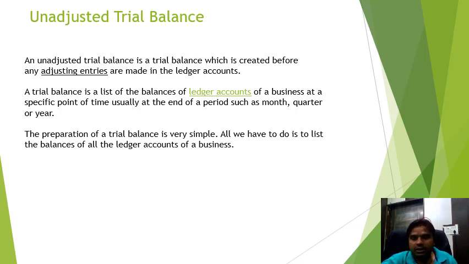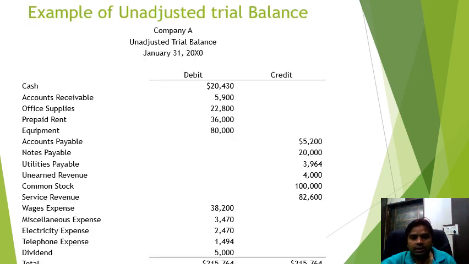As we are going through the example of company A for the month of January 2020, here you can easily see that at the end of the month, as on January 31, here is the unadjusted trial balance of company A, where we have just written the closing balance of the accounts.